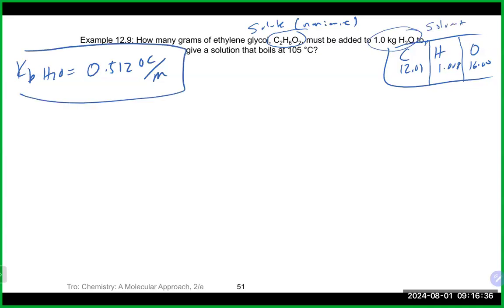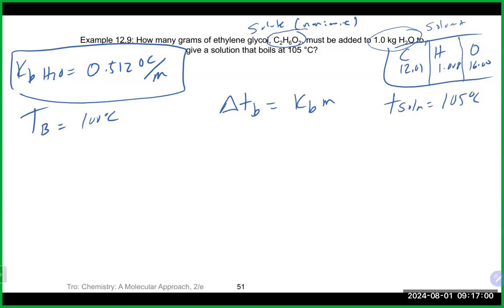This is boiling, which means the temperature at which this water normally boils is 100 degrees Celsius. We also can use our boiling point temperature equation here. In this case, we see that the solution will boil at 105 degrees Celsius.